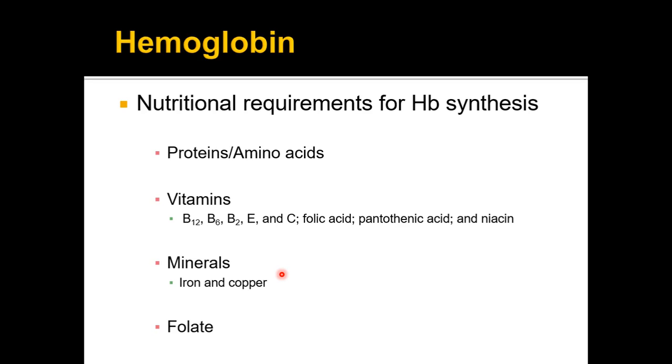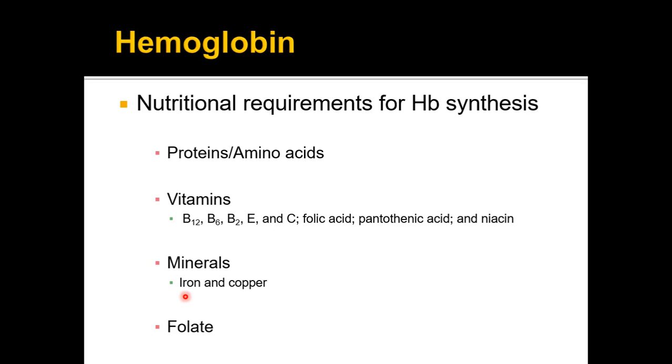Something that I'm going to introduce right here and not really talk a whole lot about is the nutritional requirements that are needed for hemoglobin synthesis. So obviously we need proteins and amino acids. Those are what the alpha chains and beta chains are made up of. We also need a number of vitamins to support the enzymes that are producing hemoglobin, and minerals as well.